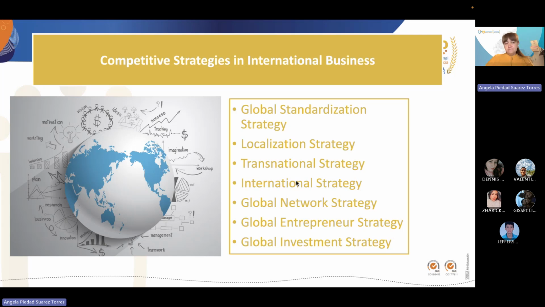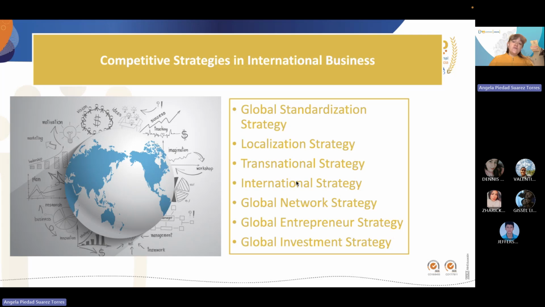Prime or Netflix. And the last one is the global investment strategy. This one involves establishing a physical presence in a foreign market through investment such as subsidiaries, joint ventures, acquisitions, and it helps the companies to gain direct access to consumers while benefiting from local resources or incentives.